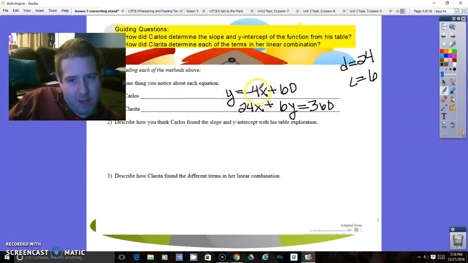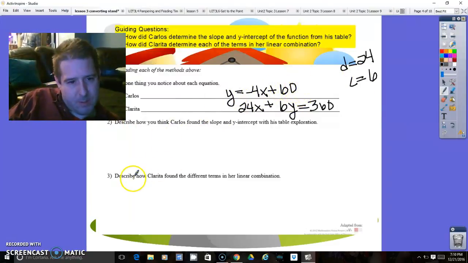So that's the reason why it's negative 4, because if I take away 4 of these cat pens, it makes space for 1 dog pen. So that's what the negative 4 stands for. And the 60 stands for the total amount of cat pens that you can possibly have.